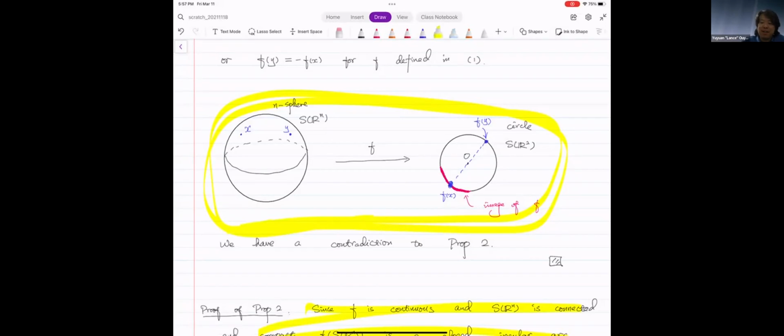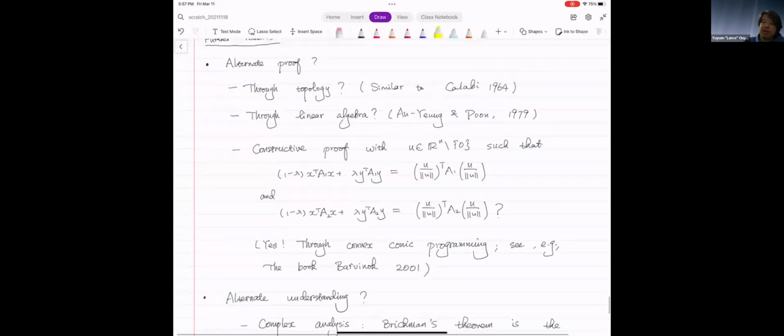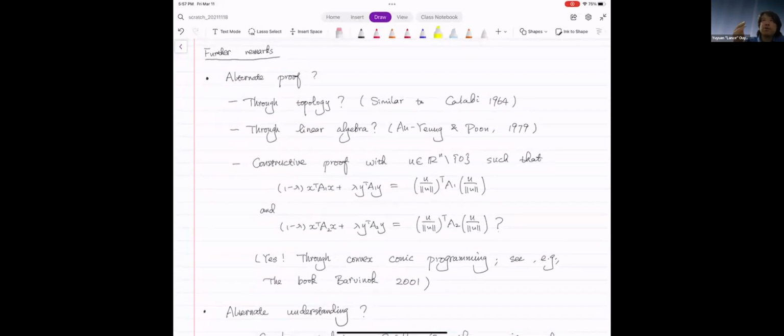I know this might be done using basic topology, but there should be a proof using, I believe, algebraic topology. This should be similar to what Calabi did in 1964 when he was proving a theorem that's really close to what we're doing over here, essentially proving a result that can be reduced to this theorem.